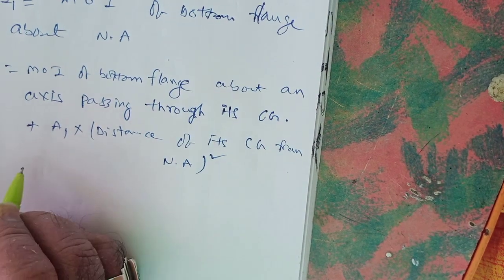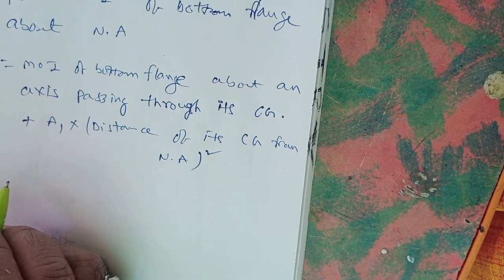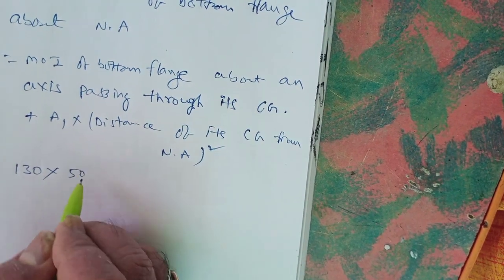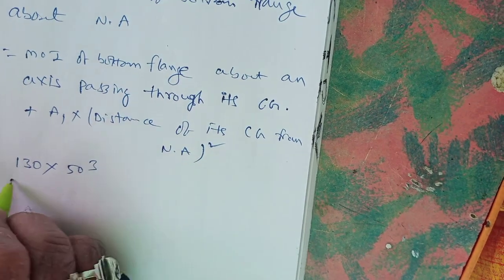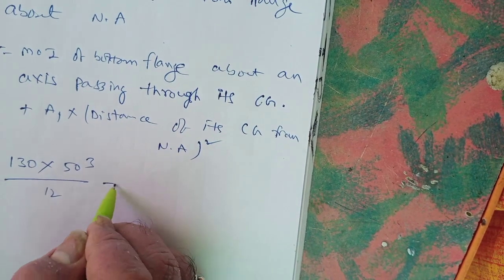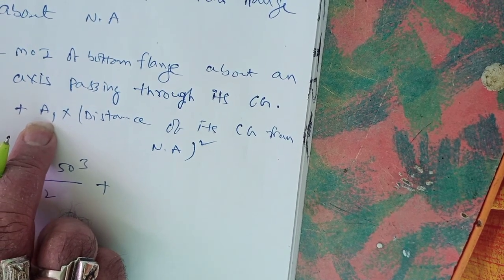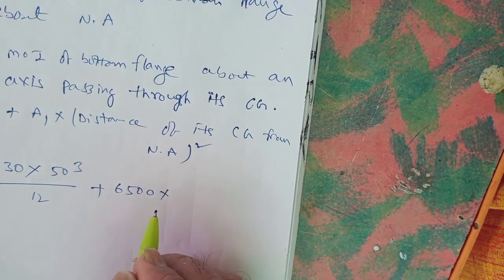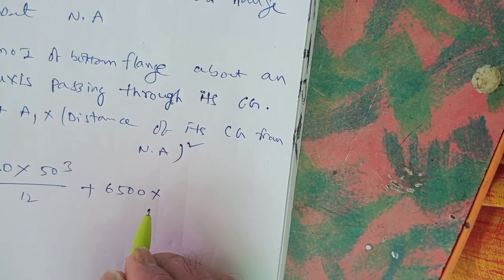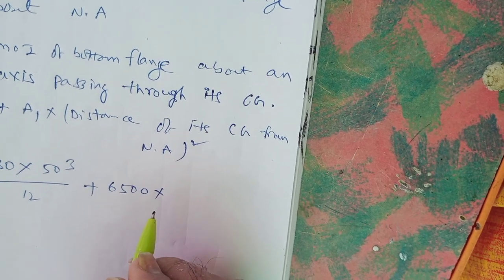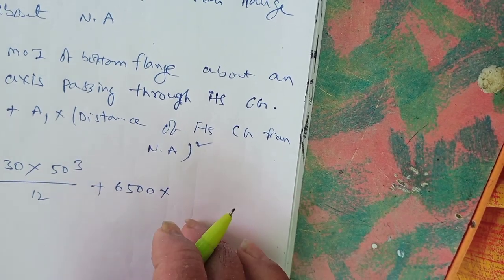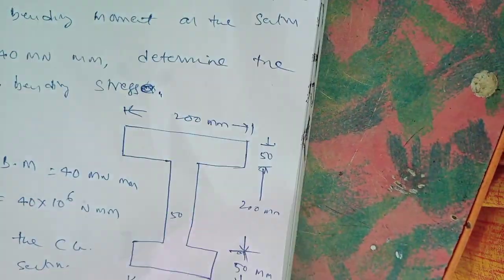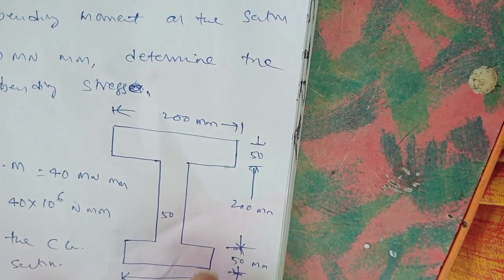So for the first section it is 130 into 50 cube by 12, plus area of the first flange, that is 6500 into the distance of its CG from the neutral axis.